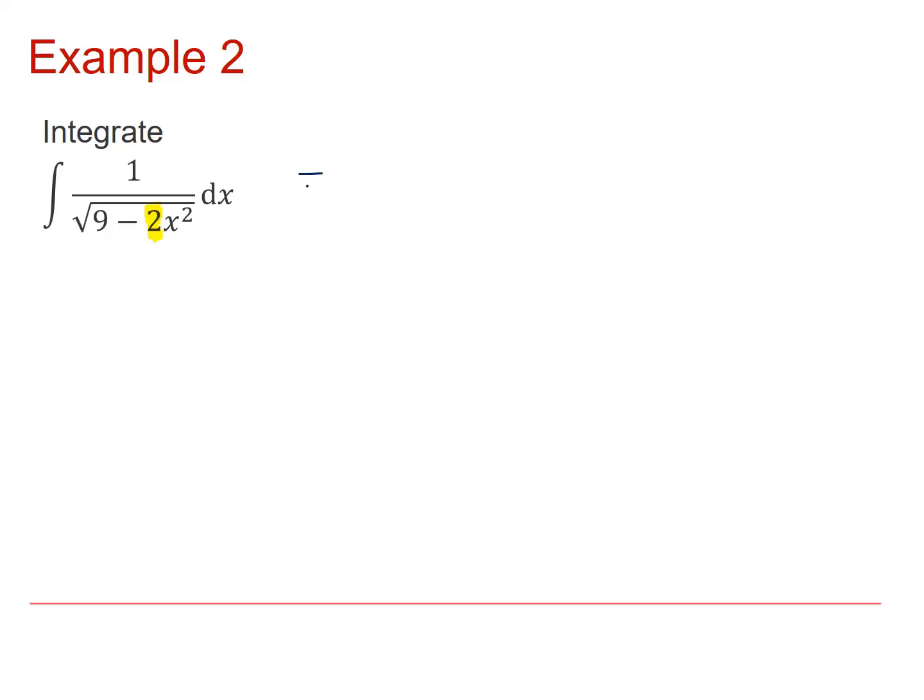So this thing becomes 1 over root 2, the 2 coming through comes out as a root 2, times the integral of 1 over the square root of, well, I've taken a 2 out of here, so that's 9 over 2, minus x squared dx.